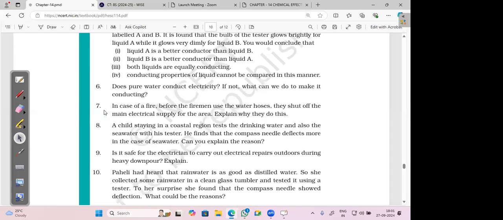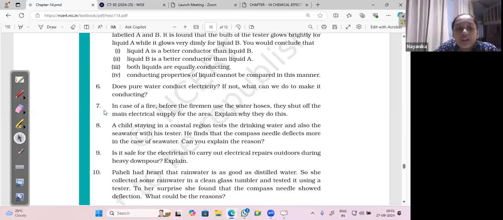Sir, actually, if it was pure water during the heavy rainfall, then it is completely safe because pure water does not conduct electricity. It would just be like the wires getting wet, but there would not be any conduction of electricity. But the rain that is falling right now is the evaporation of the water that is on earth, and the water on the surface is mixed with many chemicals, like salts, that are found in the atmosphere as well.